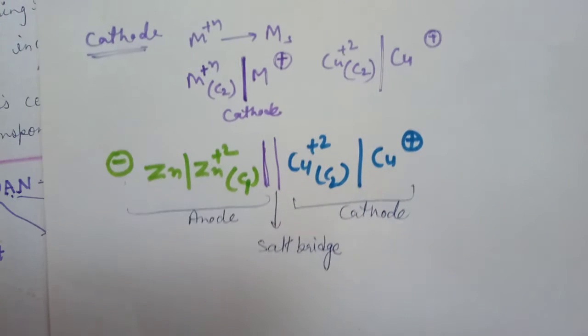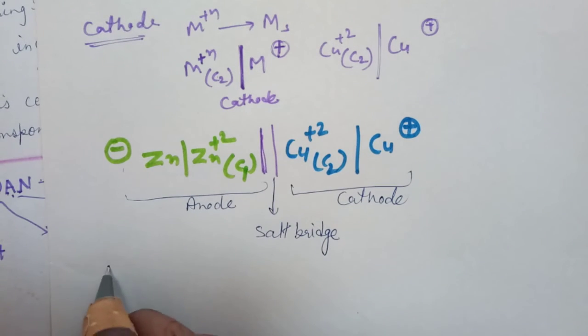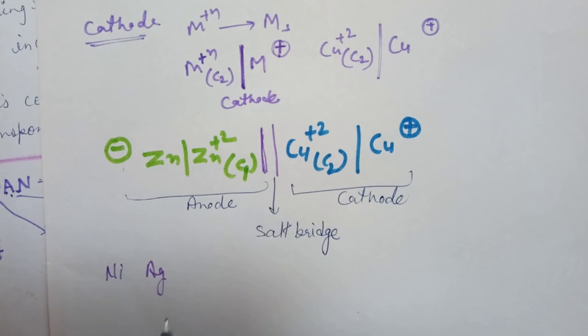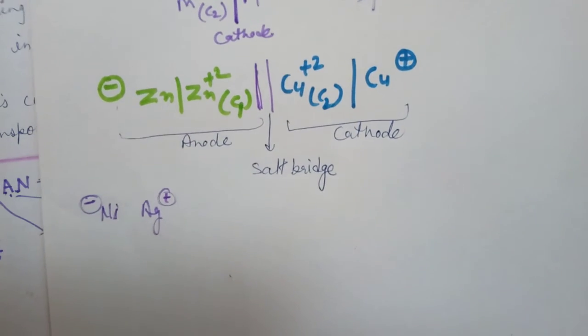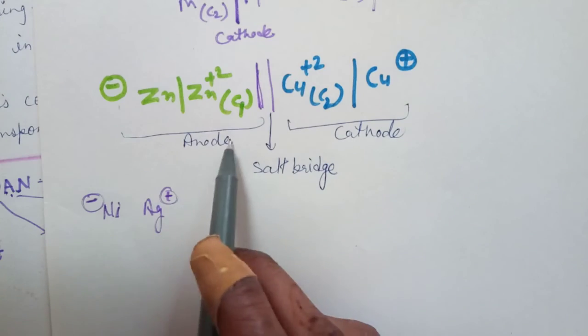For example, if we have to show the nickel-silver cell, in which nickel is the anode and Ag is the cathode, how can we represent this galvanic cell?